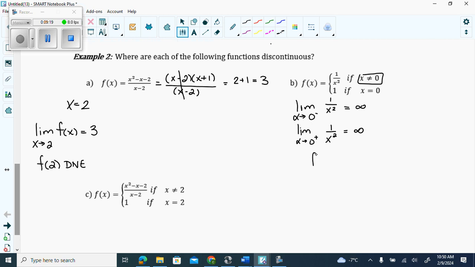What is f of 0 equal to in this equation? When x equals 0, y equals what? 1. Are they the same thing? So it's not continuous at x equals 0.